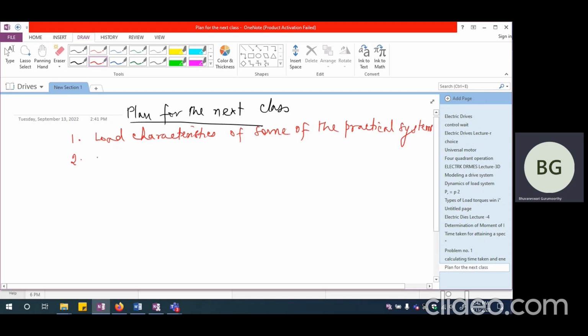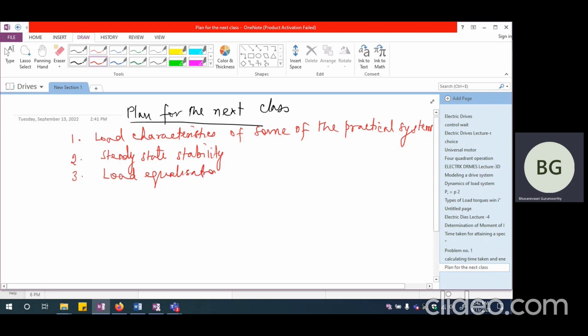Then we are going to talk about something called steady state stability. Then we will also be talking about load equalization.